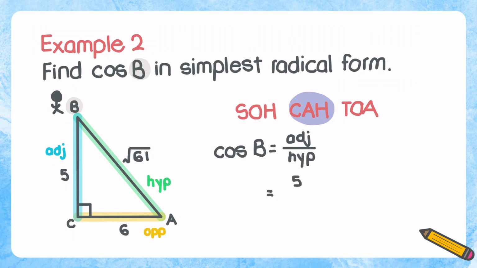For this problem, that's going to be 5 over radical 61. But remember, you want to rationalize the denominator. So this becomes 5 times radical 61 over 61. We cannot simplify the radical 61, so this value is cosine of B in simplest radical form.